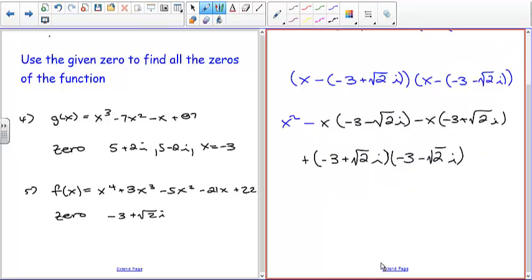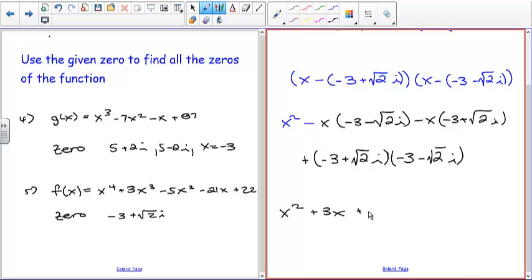Okay, so we're going to distribute negative x to each one of these two terms. So you'll have negative x times negative 3, so that's positive 3x. Negative times a negative, so it's going to be positive.